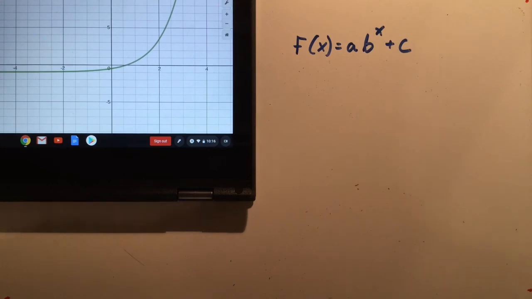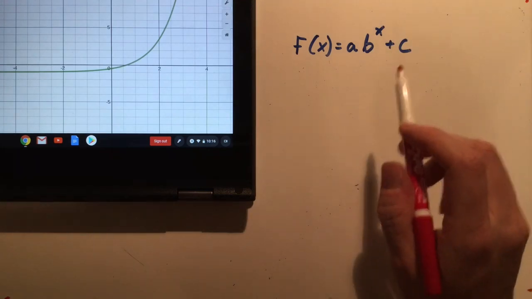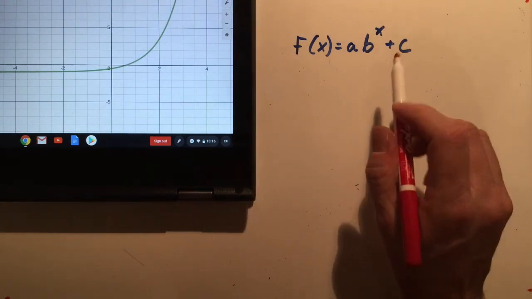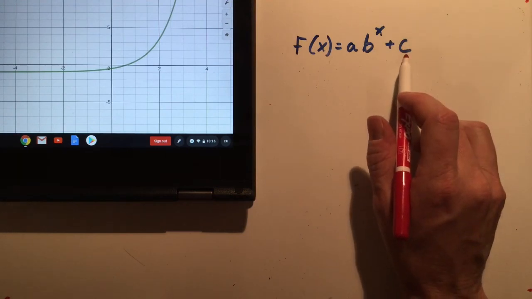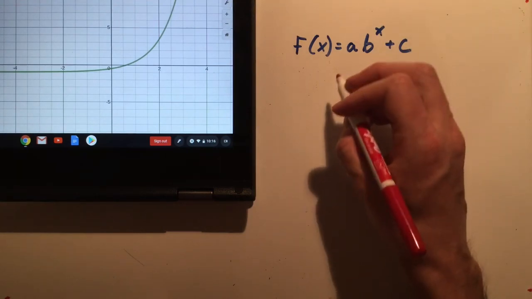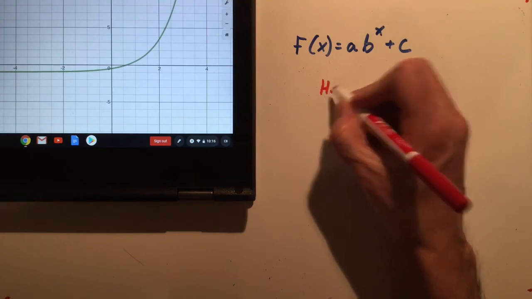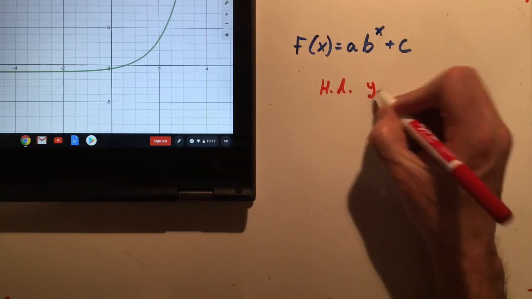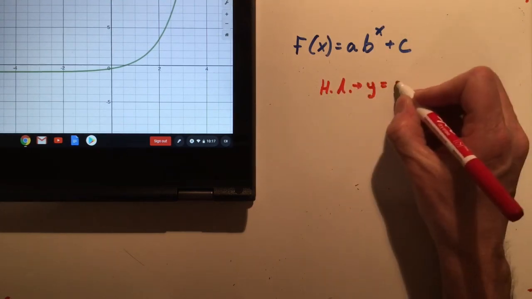So what you should notice here is that the horizontal asymptote is only ever affected by that vertical translation. So the horizontal asymptote is always going to be equal to y equals c.